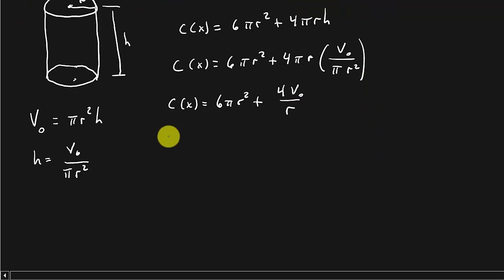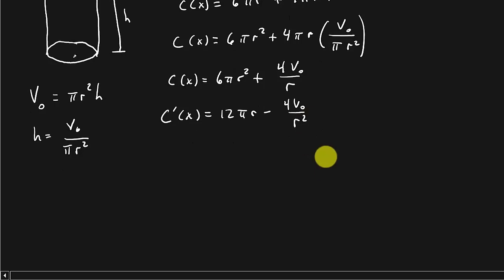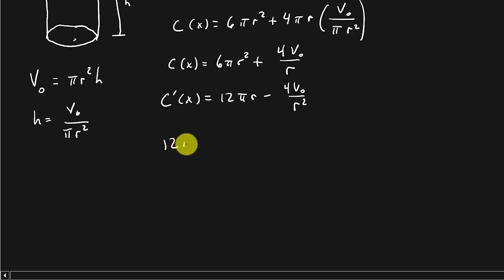All right, so now taking the derivative, C prime of x is equal to 12 pi r minus, now this 4 V naught, that's just a constant. You just treat that as a number, and remember we talked about it earlier, that's just negative 4 V naught over r squared.